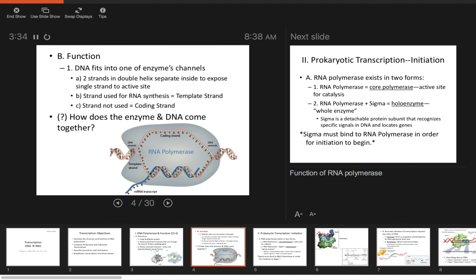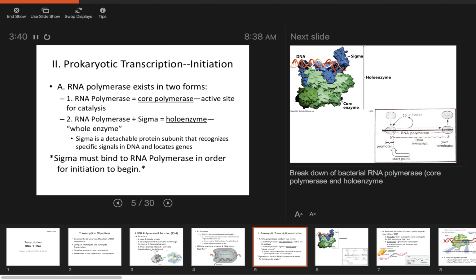And so now the question is, how does the enzyme and the DNA come together? Well, they come together through a series of promoters. So let's just talk about prokaryotic transcription because it's different from eukaryotic. With prokaryotic, RNA polymerase exists in 2 forms.